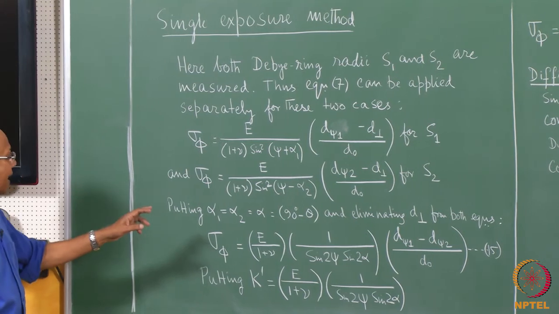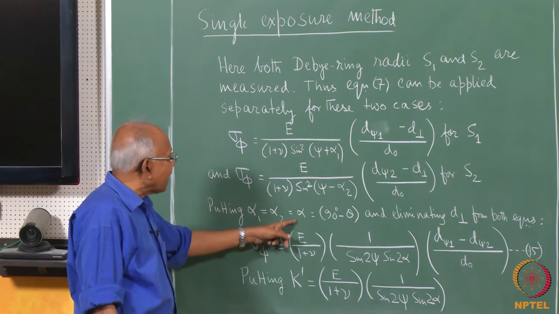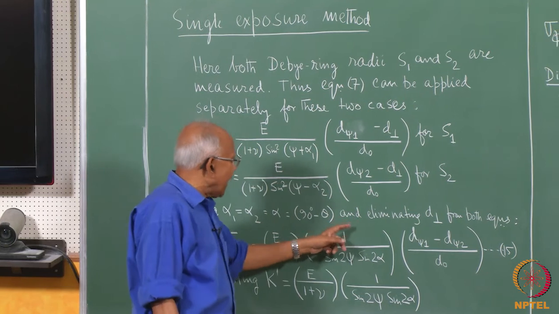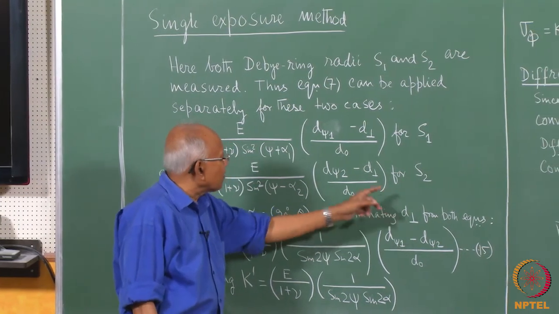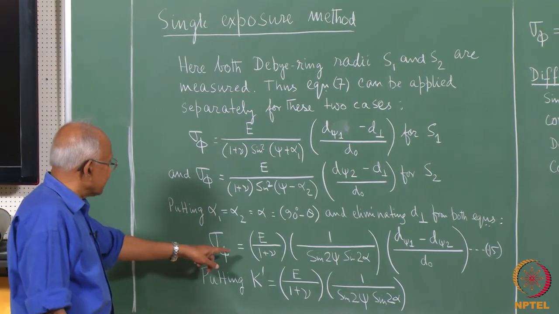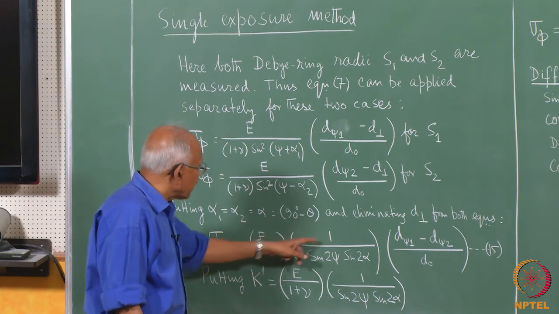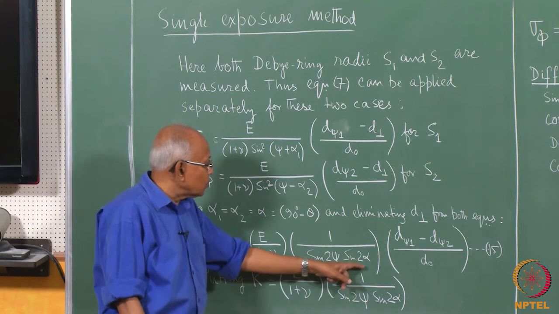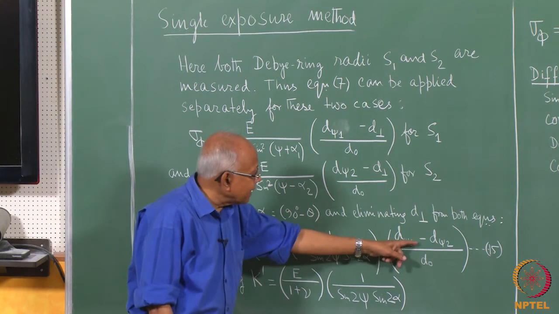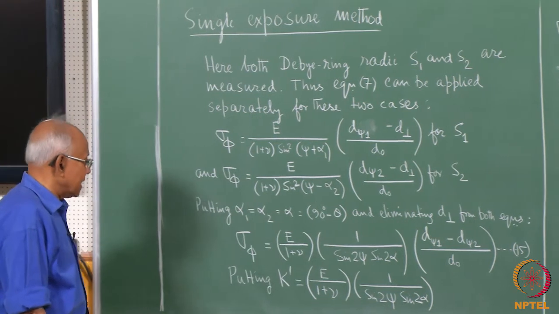Now, since alpha 1 and alpha 2 are very small, we can write alpha 1 equal to alpha 2 equal to alpha, and this will be equal to 90 degree minus theta, the Bragg angle. And if we eliminate d perpendicular from both these equations, then we find sigma phi can be written as E by 1 plus nu, the whole thing multiplied by 1 upon sin 2 psi sin 2 alpha into d psi 1 minus d psi 2 by d 0. This is our equation 15.